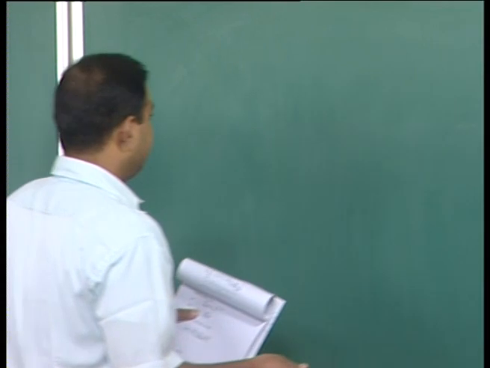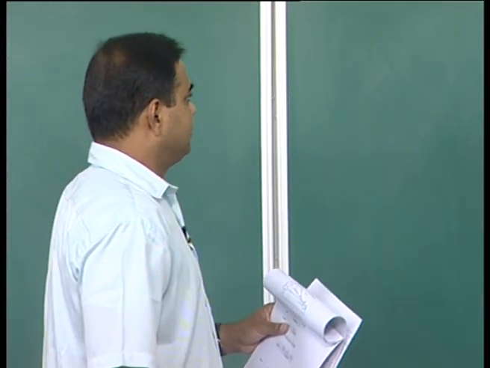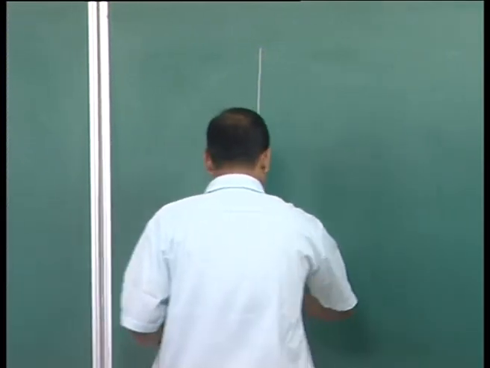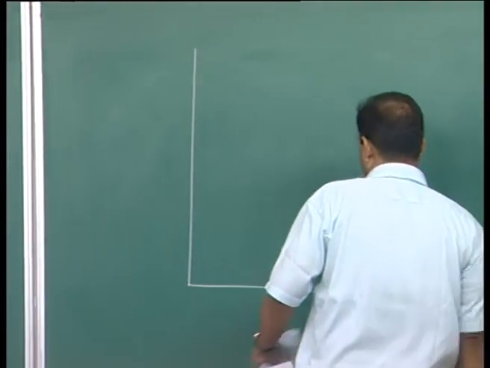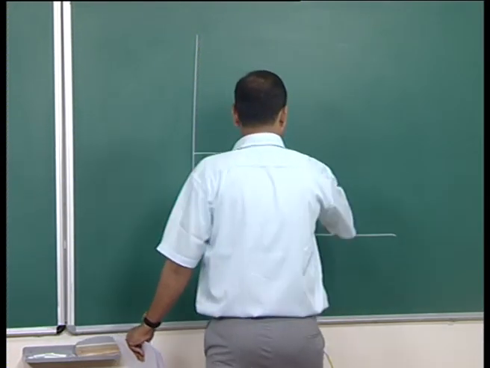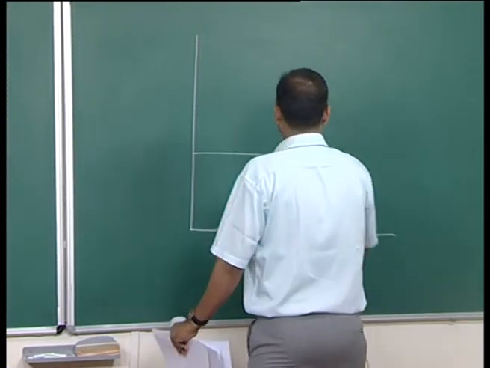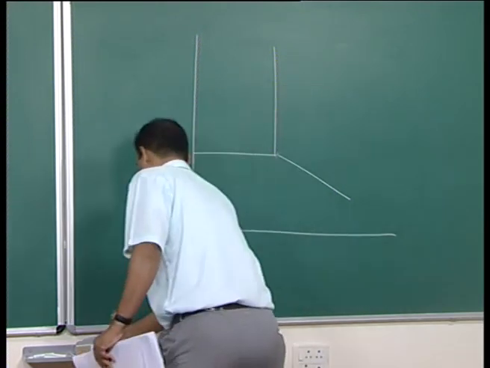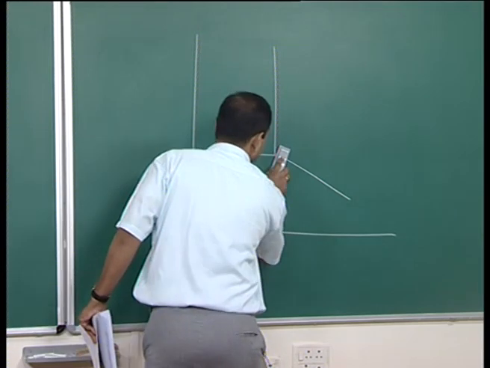Let us start where we ended in the last lecture. We have already plotted the Pourbaix diagram for nickel, and that diagram looks like this. So it should connect here.